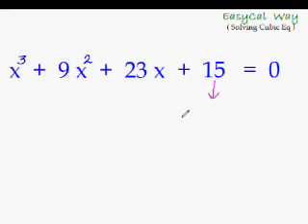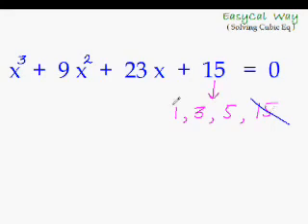Factors of 15 are 1, 3, 5 and 15. Since here we have all the plus signs, we need to select three factors out of these whose sum is 9. So obviously it can't be 15, as 15 itself is greater than 9.